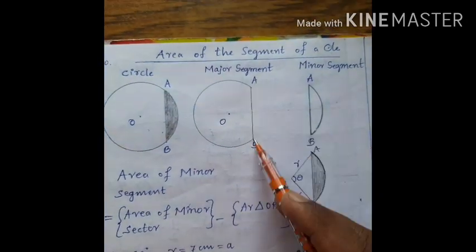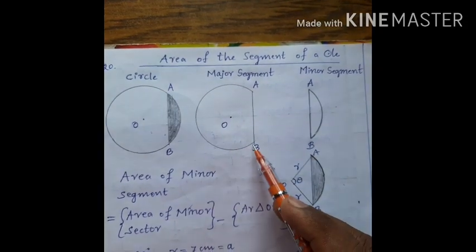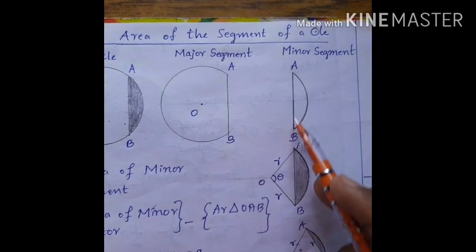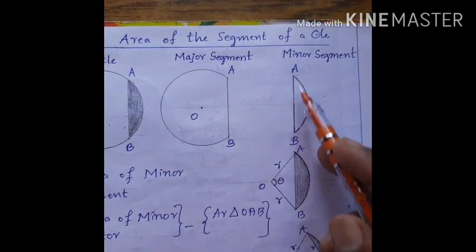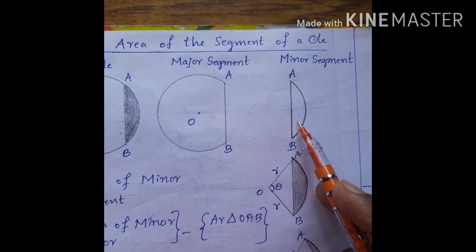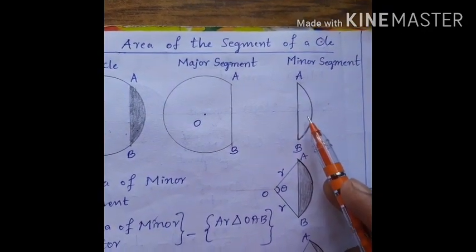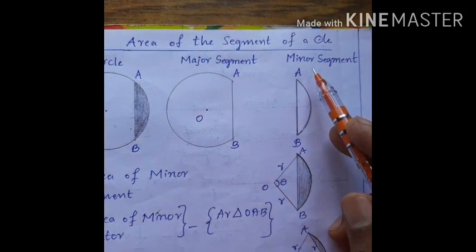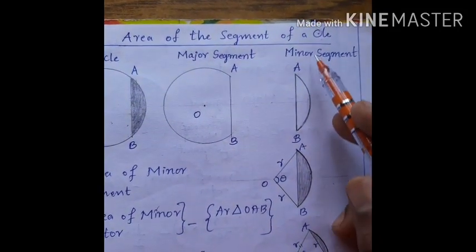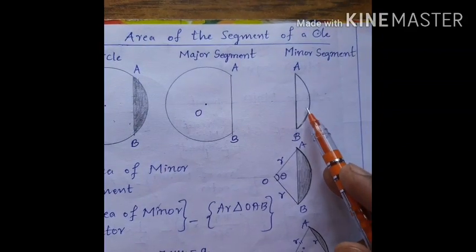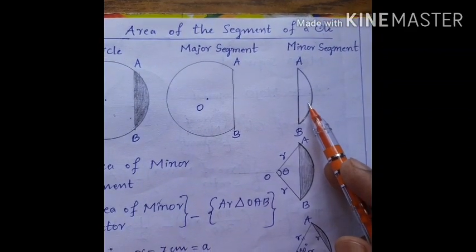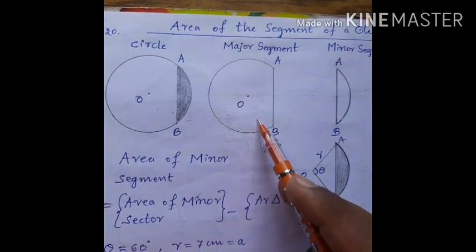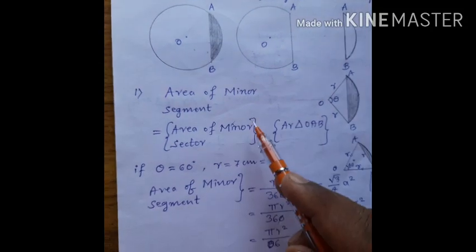This chord and this major arc make the major segment, and this chord and the minor arc make the minor segment. But today in this session we will learn, if the question is asked to find the area of the minor segment, how the area of the minor segment is calculated and how the area of the major segment is calculated. Look at me, children.